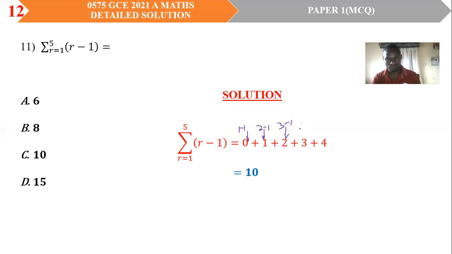Substituting r equals 4, we have 4 minus 1, which gives us 3. And if we substitute r equals 5, we have 5 minus 1, which gives us 4.